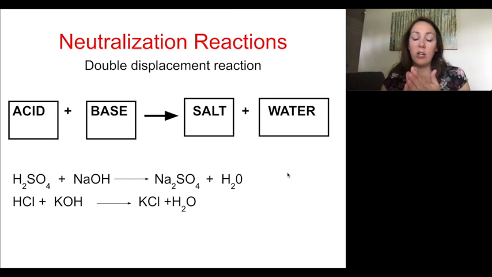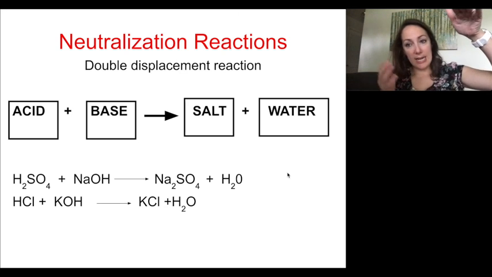So as a quick review, acids are going to be substances that have hydrogen ions in them. Okay, so whenever you have a chemical formula that lists hydrogen as the first element, that's usually going to be your acid. Okay, and acids fall between 1 and like 6.9 on the pH scale.